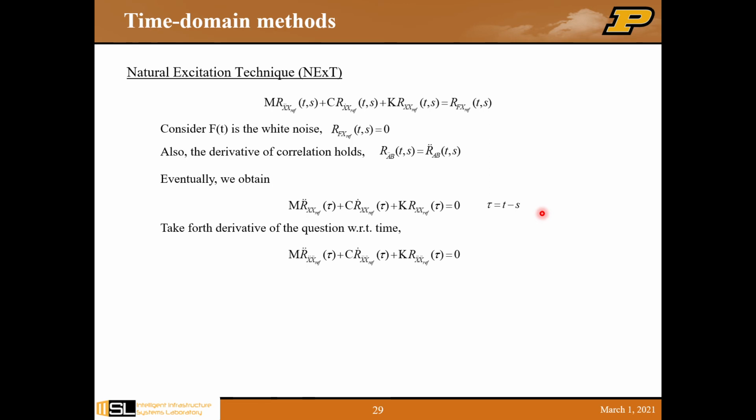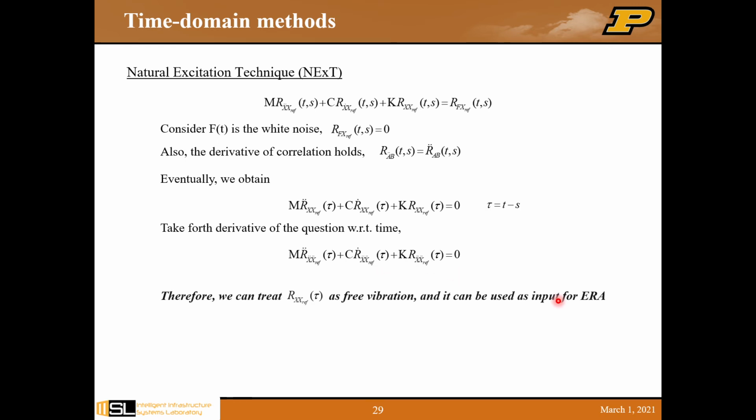By taking the fourth derivative of this equation, we can further obtain this second equation, which tells us that the correlation of the acceleration can also be used and satisfies this equation.